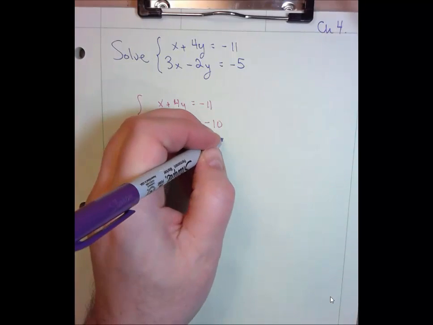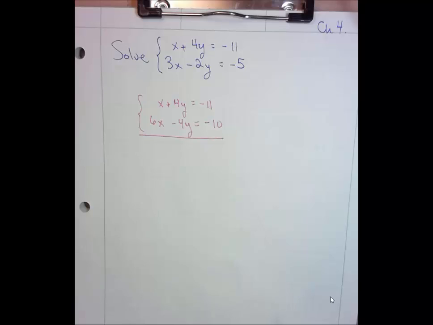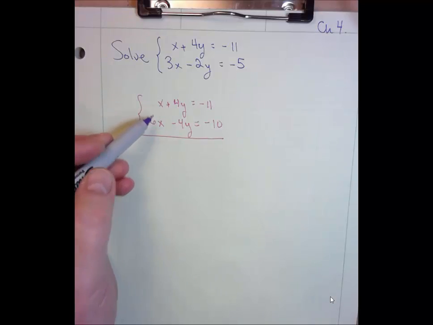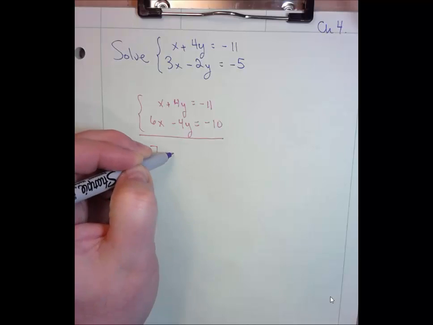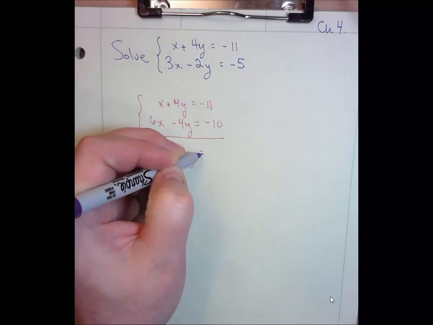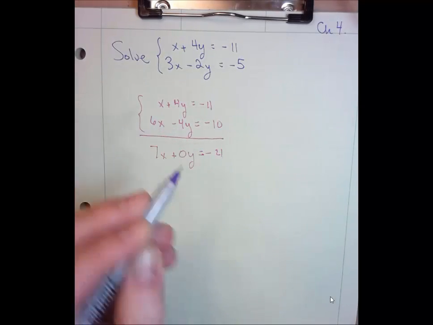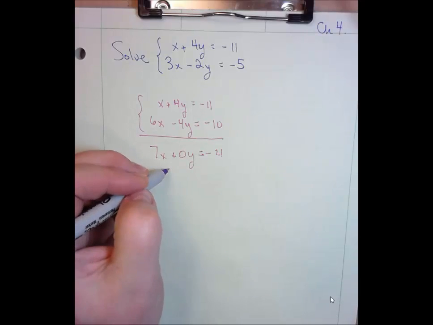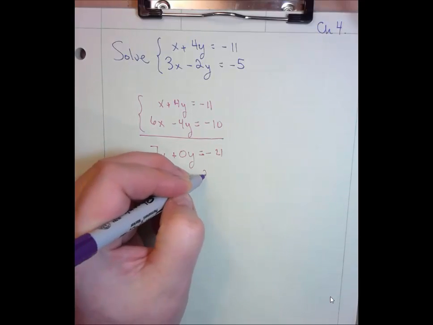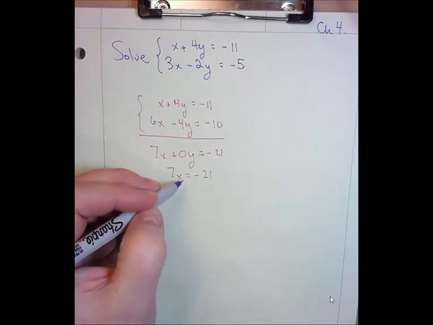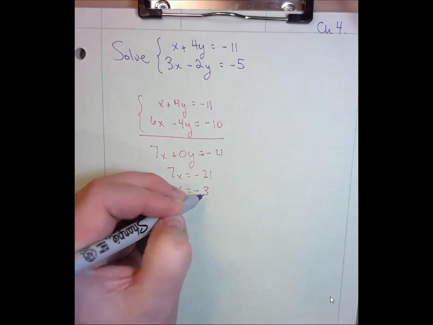And now, if we add these up, the solution we're looking for will still be hiding in the sum of the two equations. And when we add these two equations up, what we get is 7x plus 0y equals negative 21, or 7x equals negative 21, or x equals negative 3.